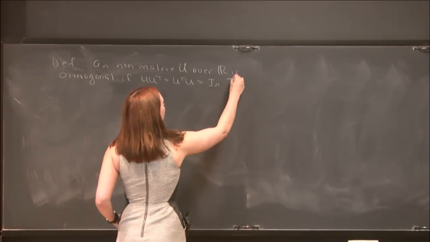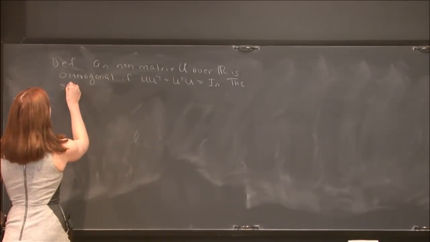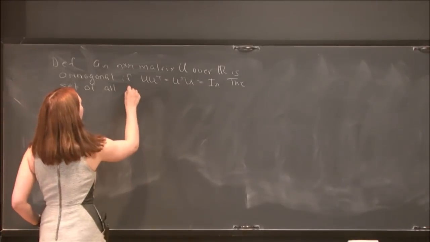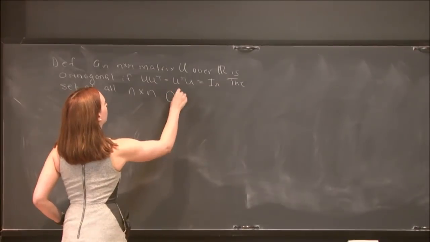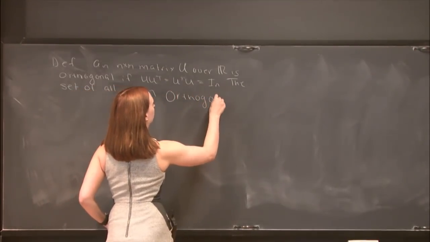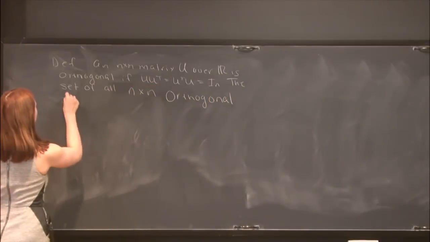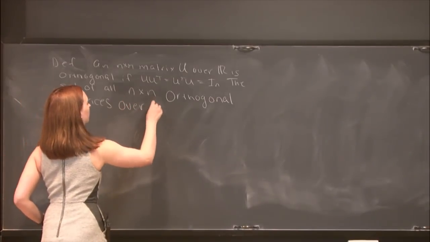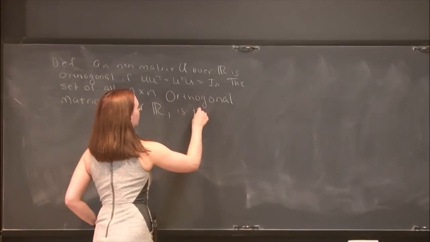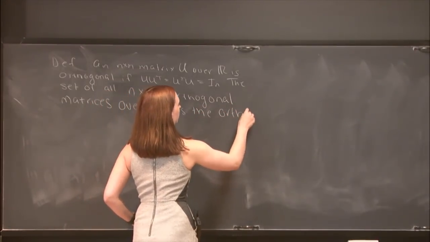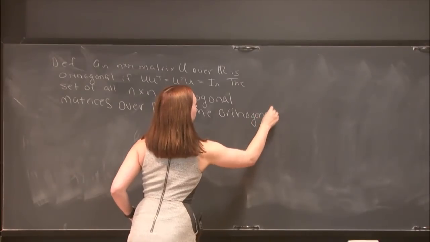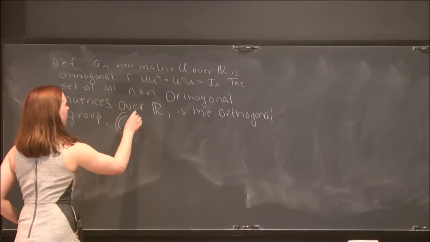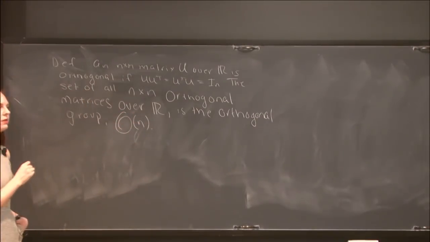And then the set of all such matrices, the set of all n by n orthogonal matrices over R, is the orthogonal group. And we denote this with a bold O of n to indicate the dimension.